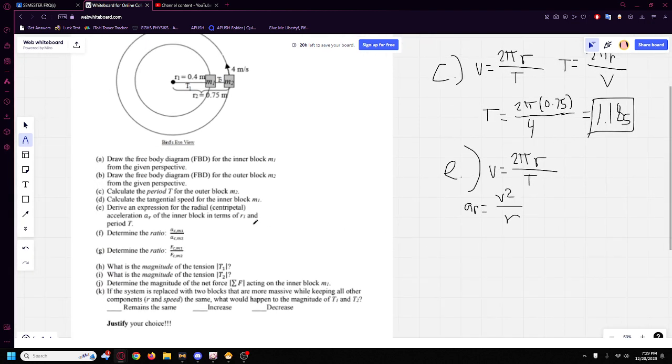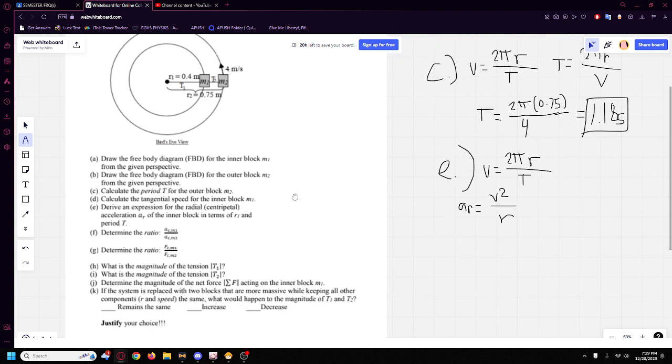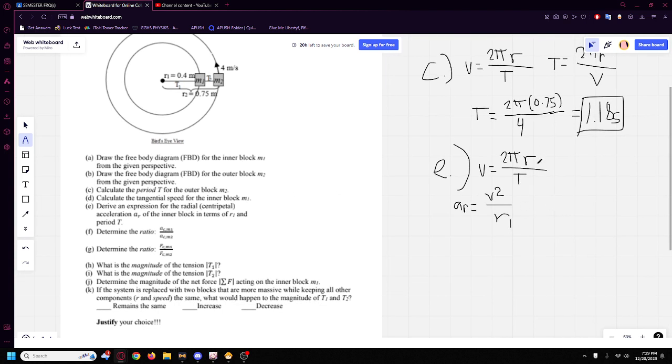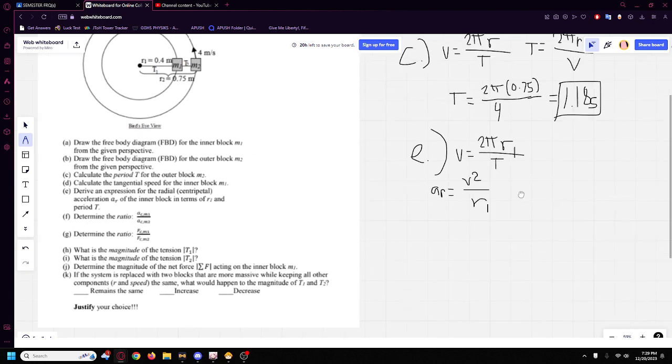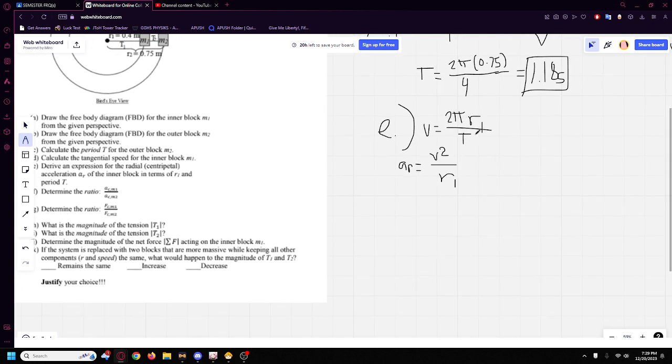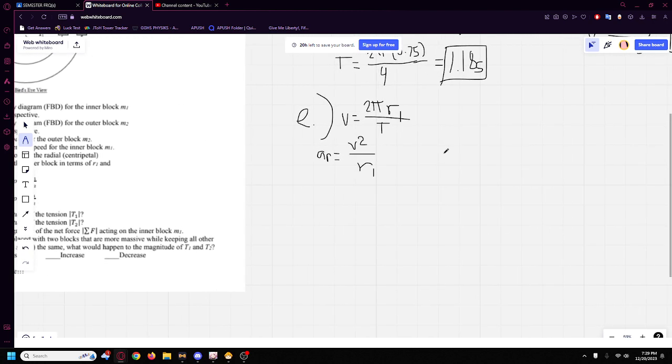We're looking for a_r of the inner block, so the r is r1. So v squared, we plug in 2 pi r over t, squared at the top.